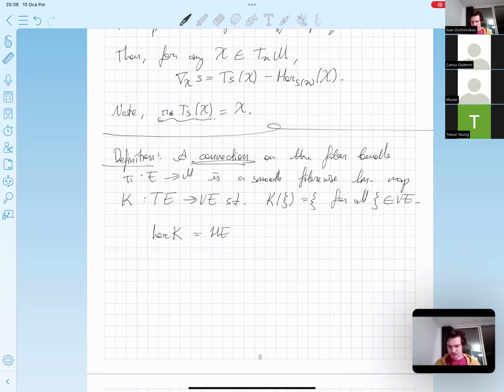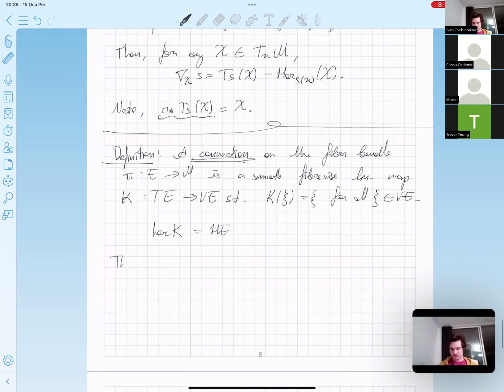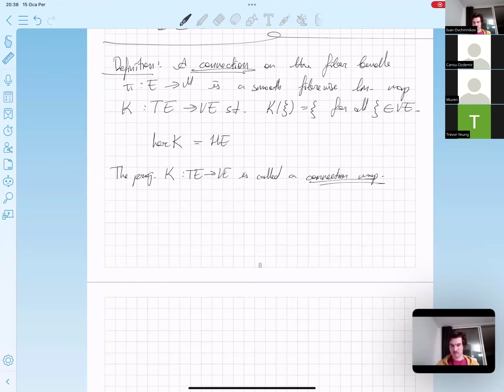And this projection K from TE to VE is called a connection map, because it defines the connection. Lastly, with this notation, with the connection map K, we can now write the covariant derivative really nicely, and it will be just this.